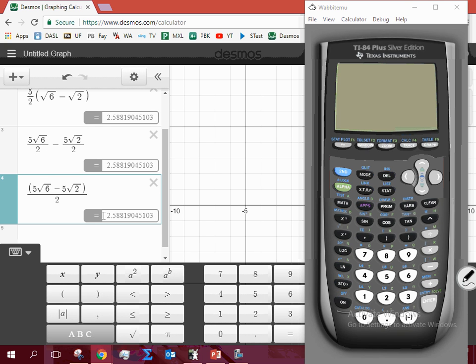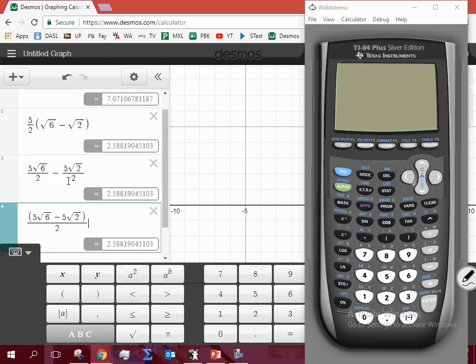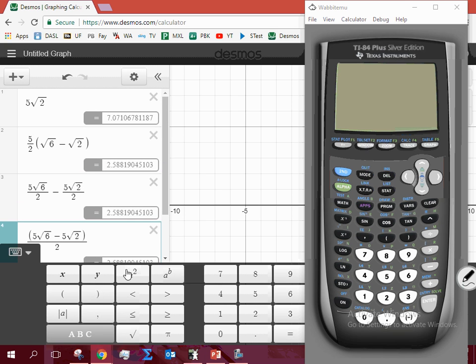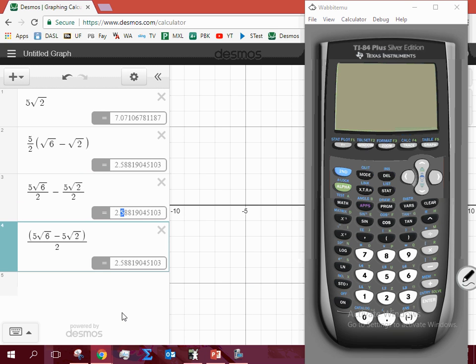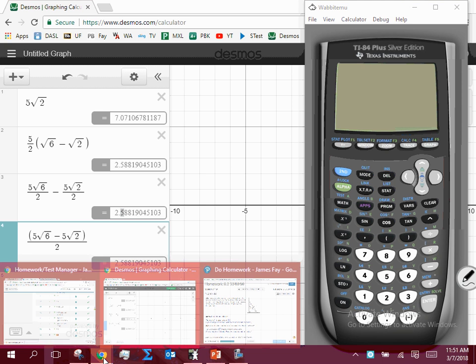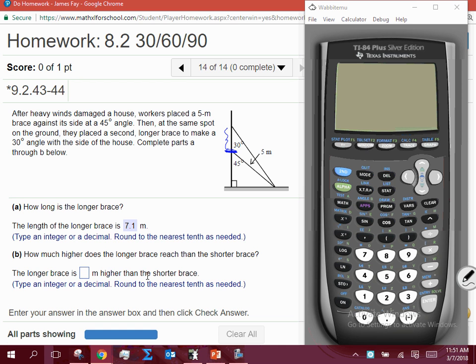So you're seeing here, guys, that's how I would have written it by hand. This calculator does not do that. But when I evaluate, it still gives me that 2.588. So these are all three perfectly fine versions of that answer. Okay, so they want to round to the nearest tenths. The tenths place right now is 5. The number after that is 8. So it tells me to go to 2.6.